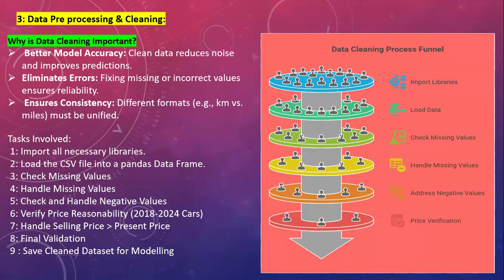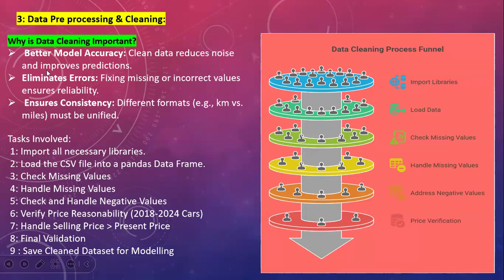Pre-processing will eliminate missing values, negative values, or any unrealistic values, and make sure the data is reliable. It will also maintain consistency across different data formats. For example, in car price prediction, we may have kilometers and miles, so different formats of the data must be unified.